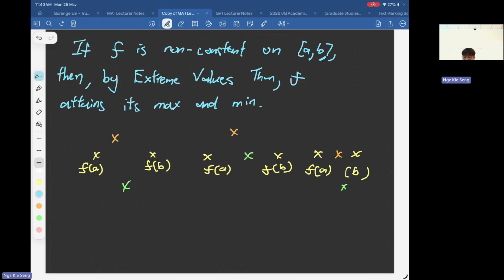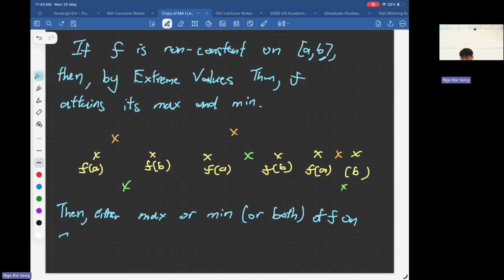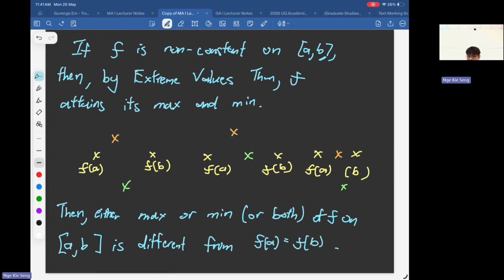In all cases, we can deduce that either the max or min, or actually both, but either one of them will work already, of f on the interval [a, b] is different from f(a) equals f(b), from these two numbers.